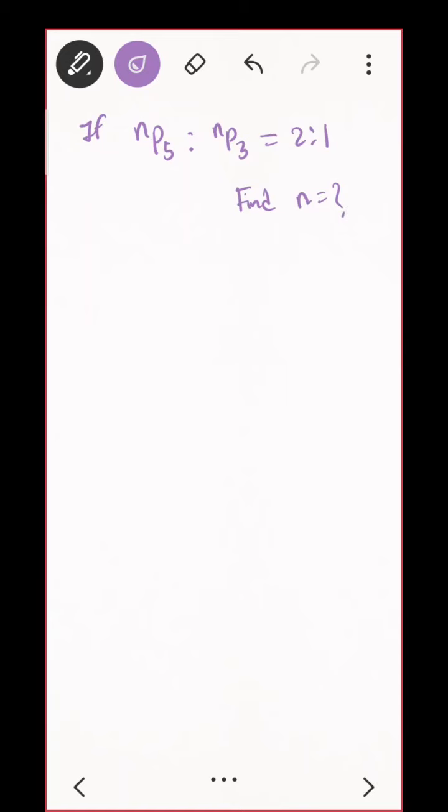What do you mean by that? That is nP5 upon nP3 is equal to 2 upon 1. You can also write this as nP5 is equal to 2 times nP3. Correct? Cross multiply. What next? Put the formulas. What is the formula?